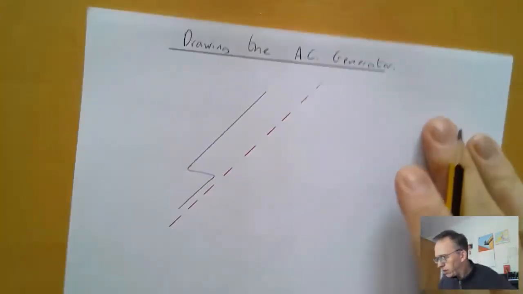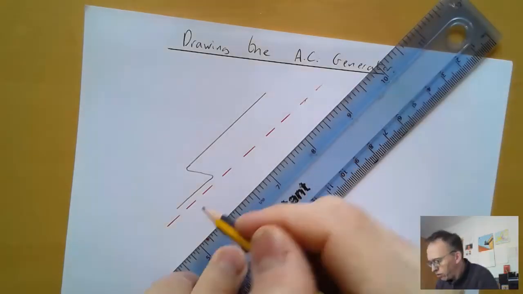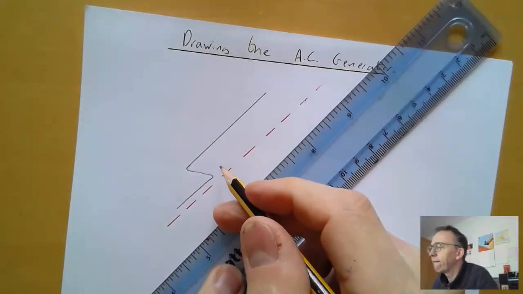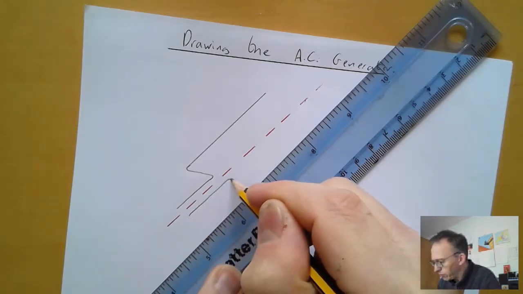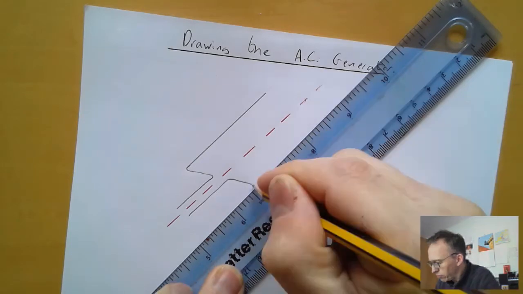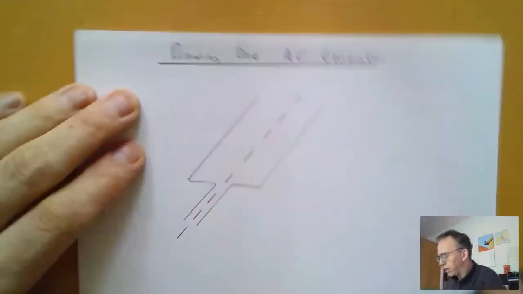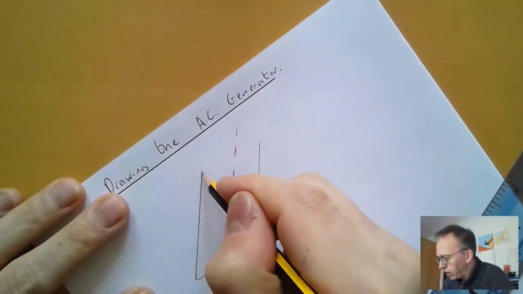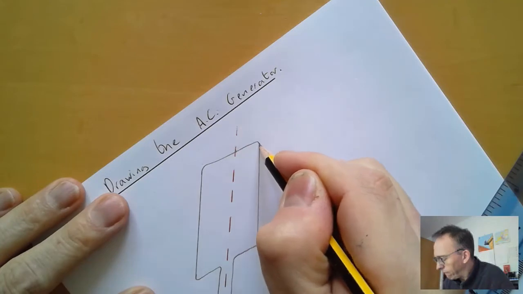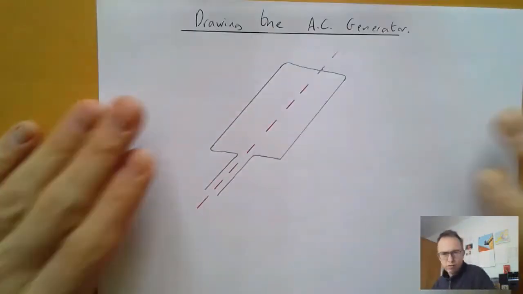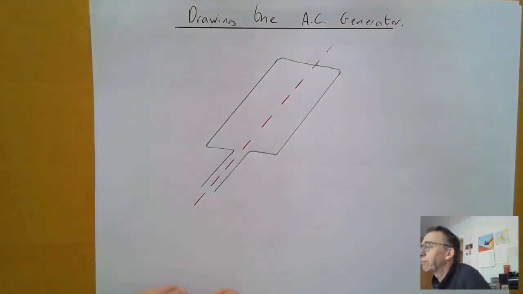And on the other side, we're going to have the other output. And there's the other side of the coil. And that's not too bad. So that's the coil lying flat.